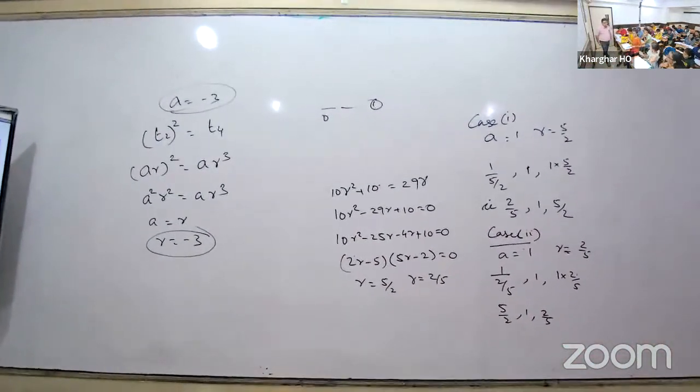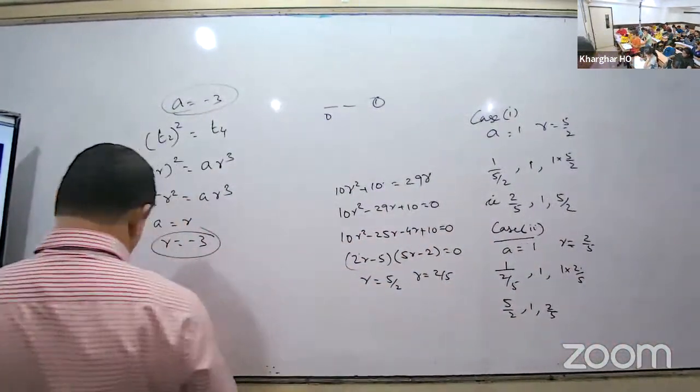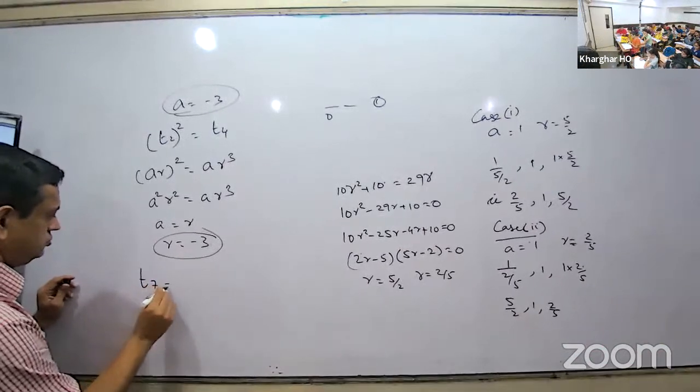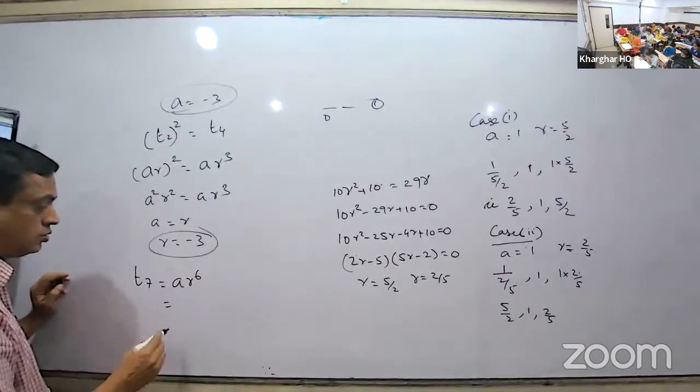Seventh term, then get T7. AR to the power 6. 729. Good.